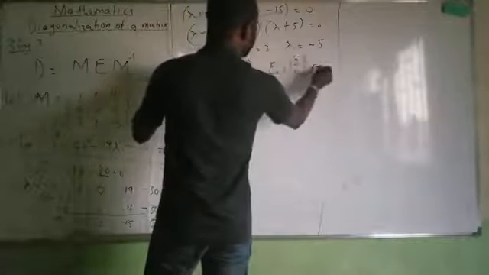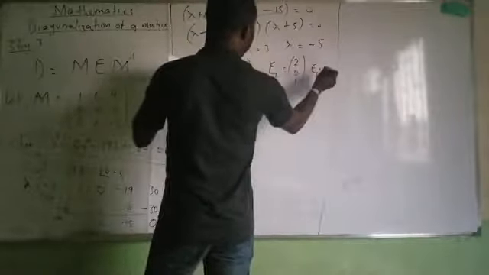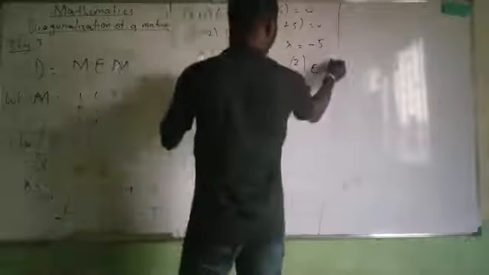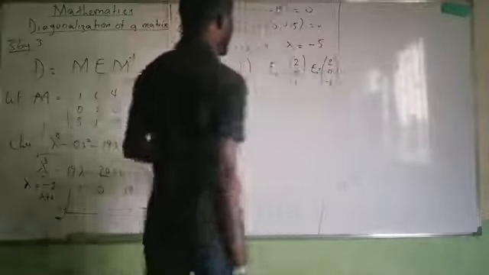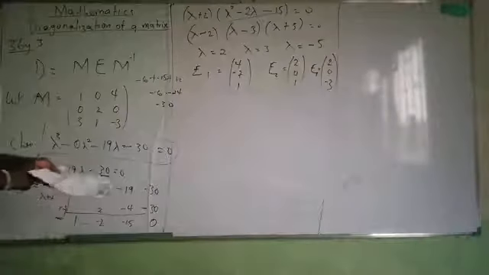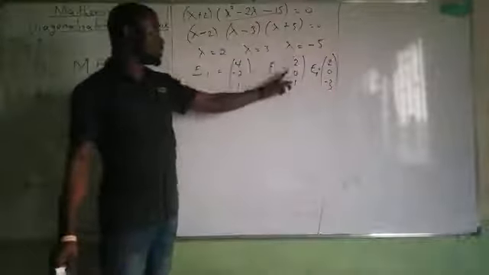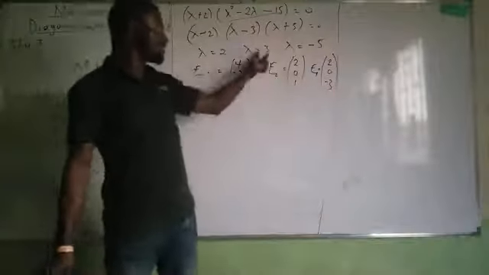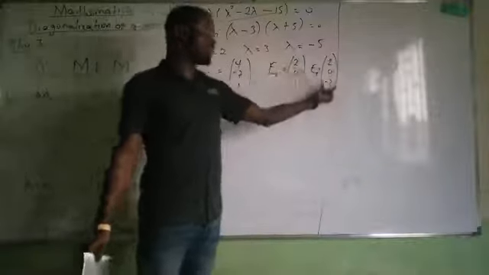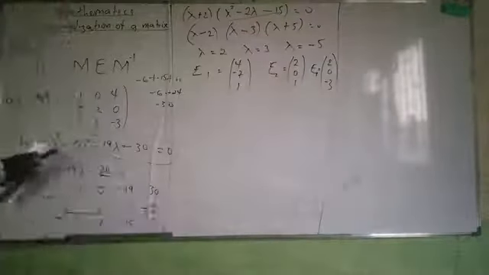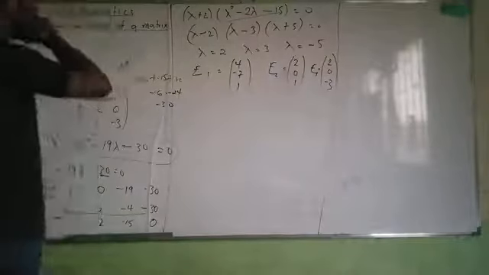And eigenvector 3 will be equal to 2, 0, minus 3. Now, that is my eigenvector for each of the eigenvalues. This is the eigenvector, this is the eigenvalue. That should not be a problem. That should be what we are trying to work on.